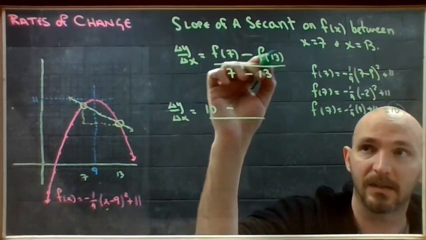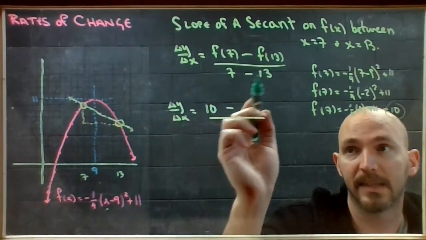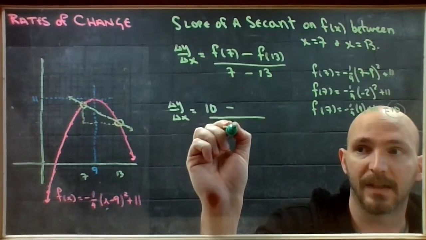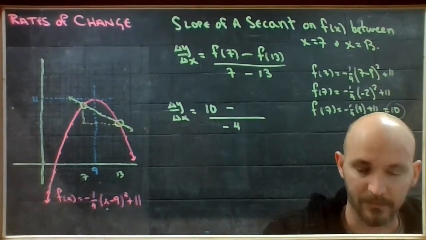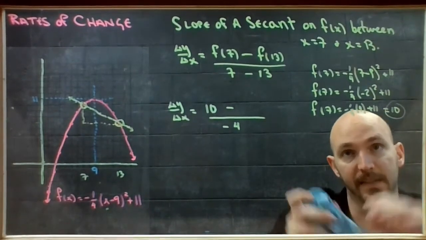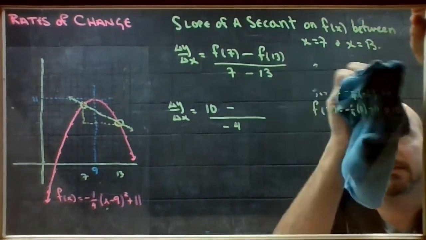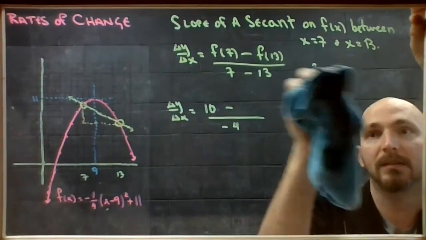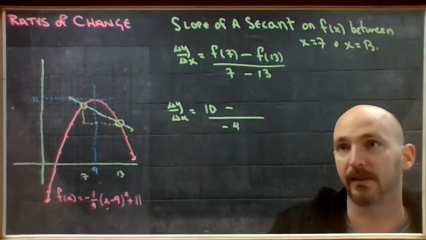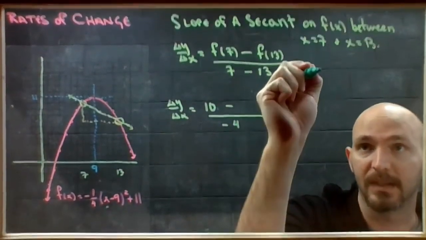Now I still need to evaluate this thing. 7 minus 13 is minus 4. I'm just going to erase this then. And I need to get the function at 13.